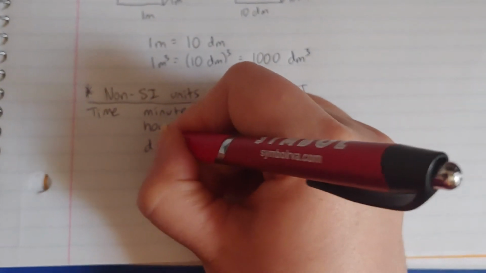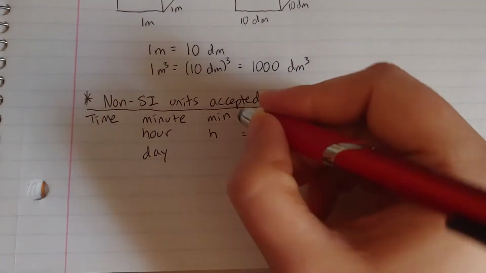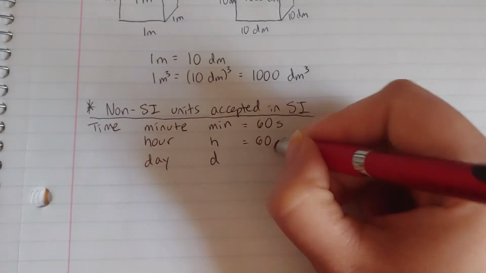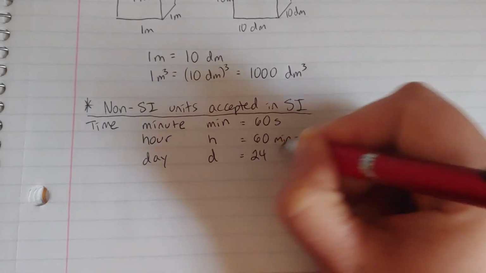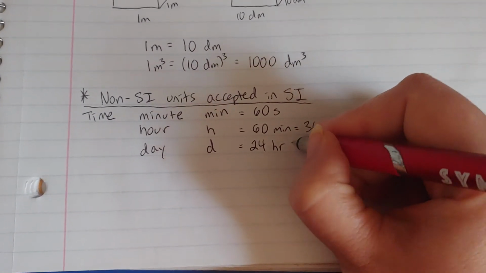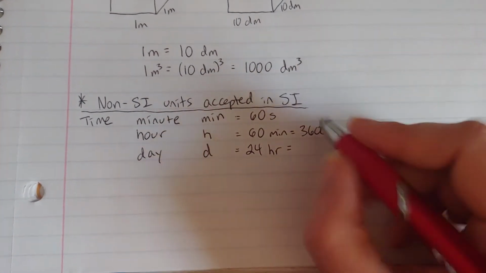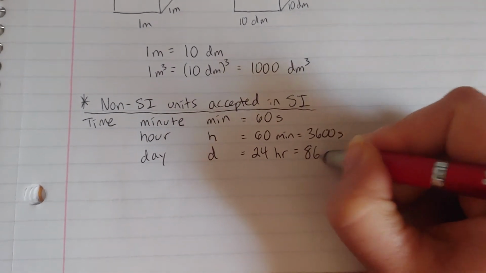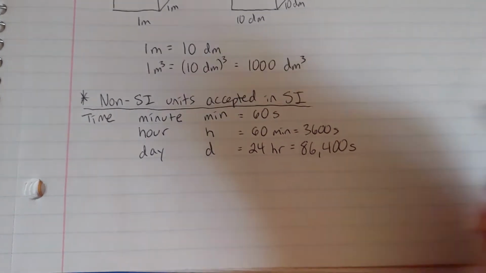We even have the day. And day is D, which is 24 hours, which if we convert that then is 86,400 seconds.